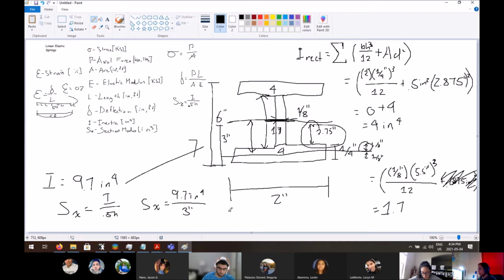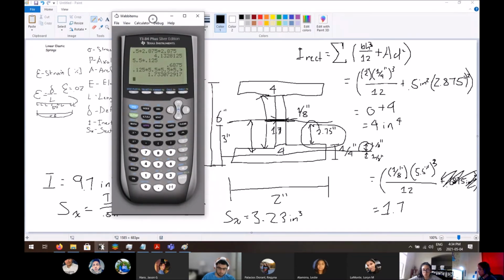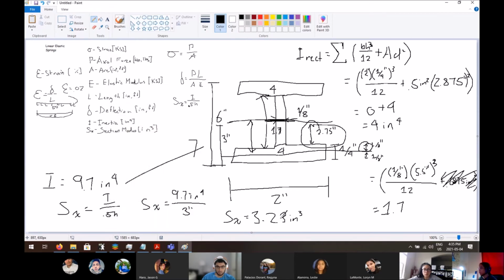And that's around 3.23 inches cubed. Actually, 3.24 inches cubed. Close enough.